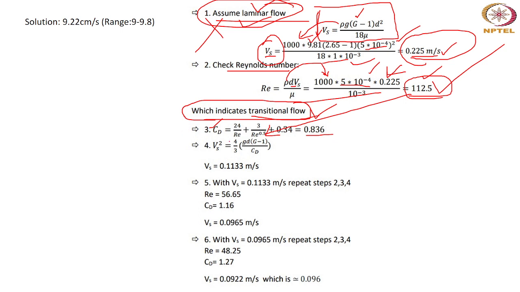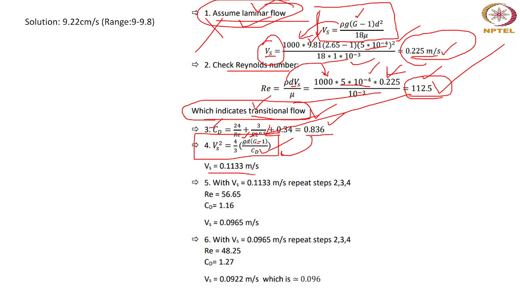Then again, you have to calculate the settling velocity Vs for transitional flow, and this is the formula: 4 by 3 g d (G minus 1) divided by CD, that coefficient. You calculated your CD value, 0.836. Put it here in the denominator, and you know the g value, d value, and G is 2.65, right?